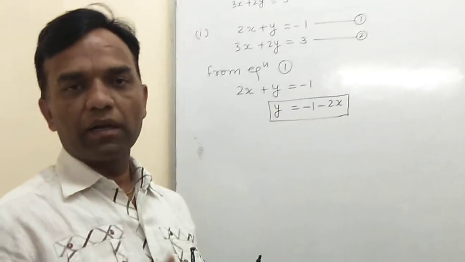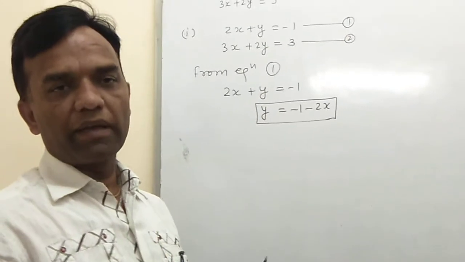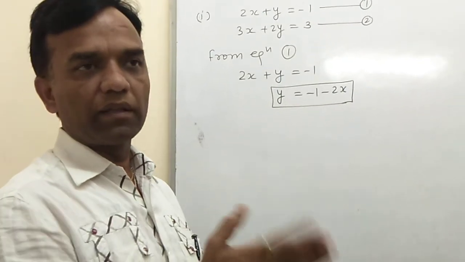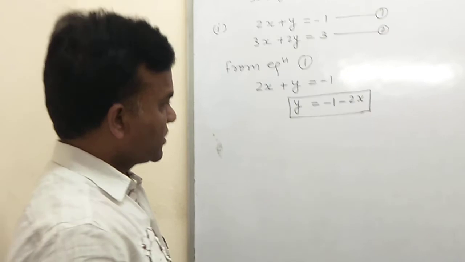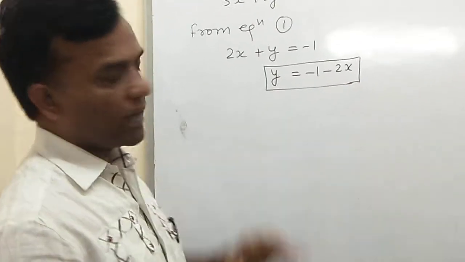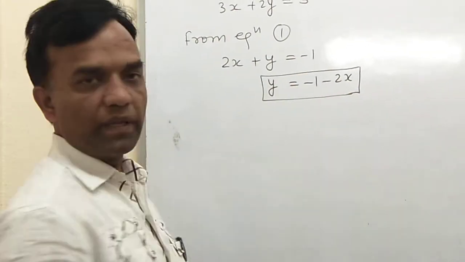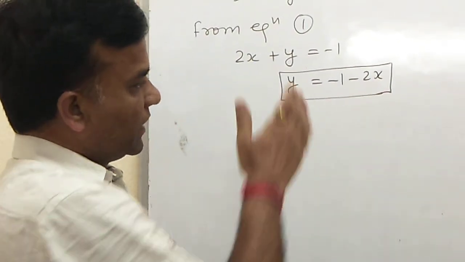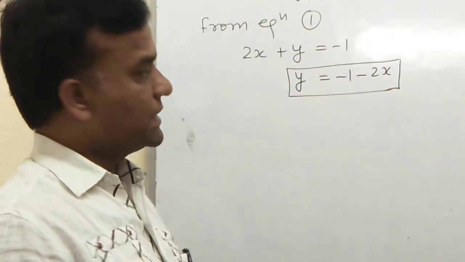Therefore, you consider the variable that has the unit coefficient, and you take that equation first. So we have y equal to minus 1 minus 2x, because there is no fraction and no denominator. We have a single form of the equation. Therefore, this type of equation makes substitution very easy.